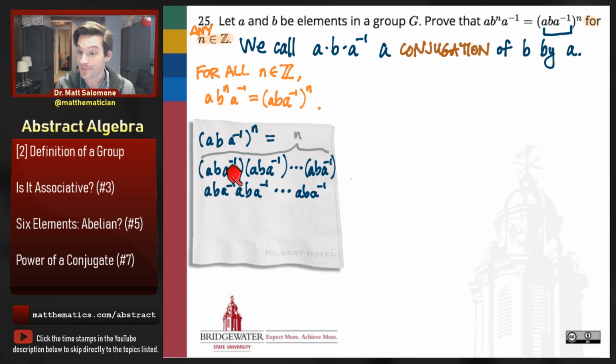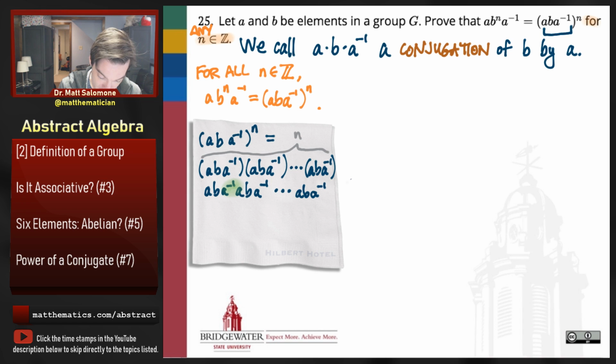But now what happens? Now I've gotten some A inverses next door to some of my A's. That's good news, because the inverse property of every group means that that just turns into the identity element in my group. And the identity property in my group therefore tells me that whether I write that identity element or whether I don't write it, the result is the same.